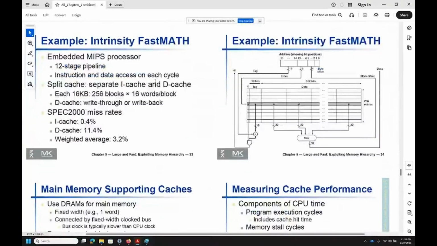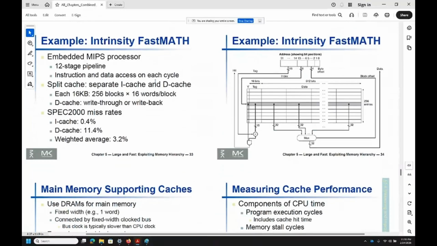One example of this is the Intrinsity FastMATH processor, which this book uses a lot as an example. It's an embedded MIPS processor that has a 12-stage pipeline, and there are instruction and data accesses on each cycle. So it has a split cache, which means it has a separate instruction cache and data cache, and each is 16 KB.